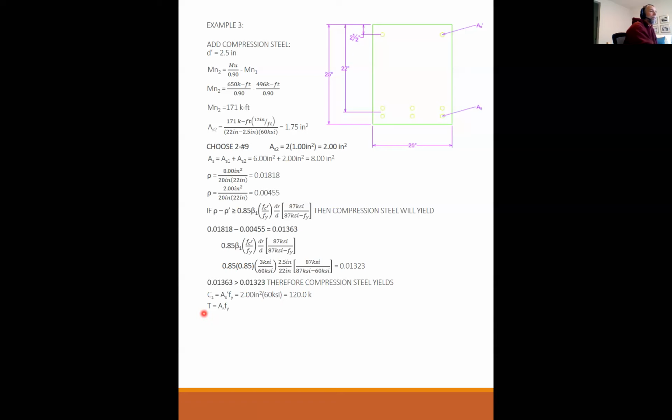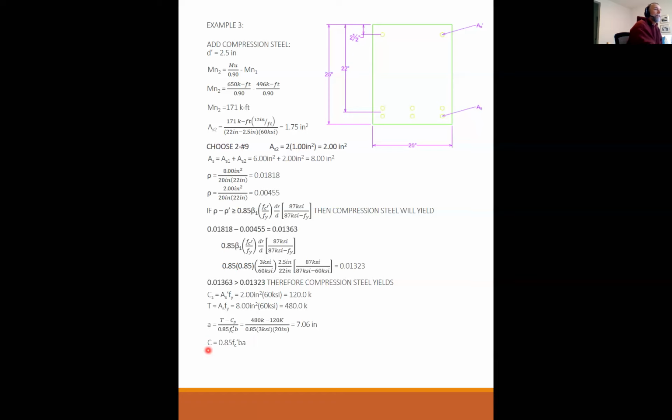The tension in my tension steel is always As fy. 8 times 60 is 480 kips. And so little a is the tension minus the compression steel over 0.85 f'c b. 480 minus 120 over 0.85 times 3 times 20 is 7.06 inches.